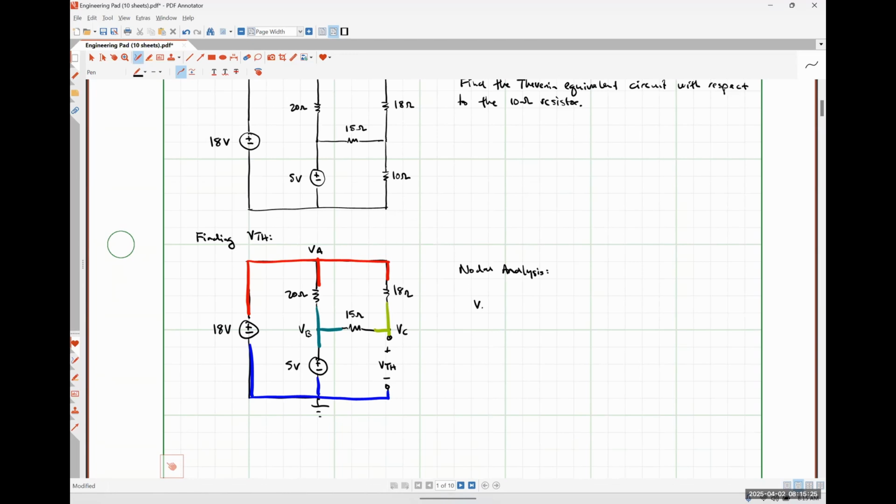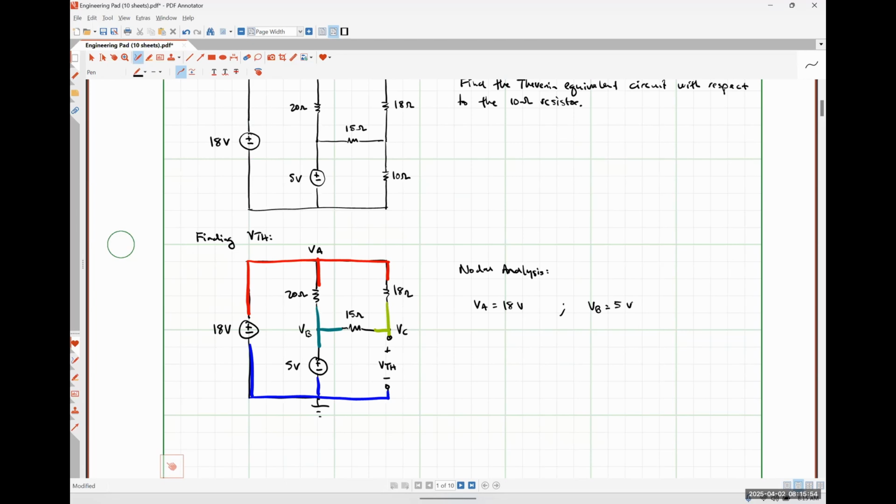So I'll have VA is equal to 18 volts and VB is equal to 5 volts. And if I'm not mistaken, the only thing that I have left to do for this particular system is then apply KCL at node C, because both my voltage sources are touching ground, so my supernodes will contain ground, and I won't have to write KCL equations at them.